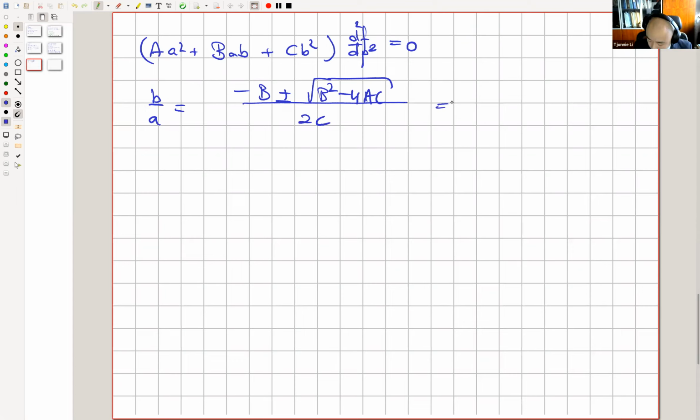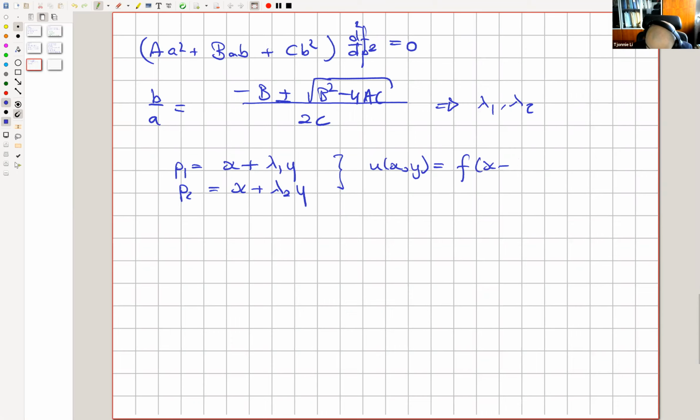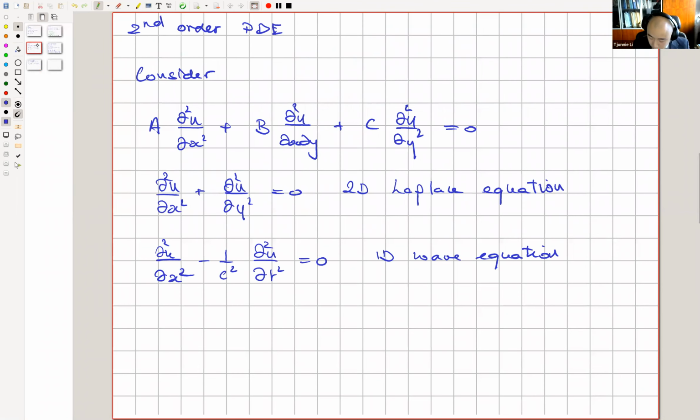And these are the values for lambda 1 and lambda 2. Right? So there are two solutions to this, in such a way that p1 is just x plus lambda 1 y, and p2 is x plus lambda 2 y. Okay. The general solution is then given by u of x, y equals f of x plus lambda 1 y plus another function of x plus lambda 2 y. Okay, so this is the most general solution to a second order partial differential equation of this form.